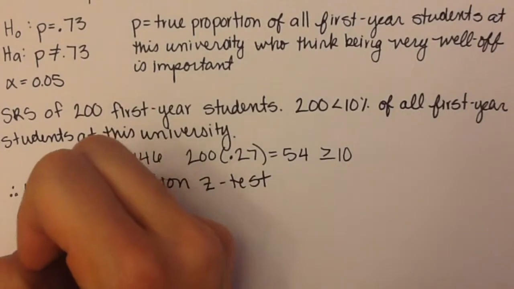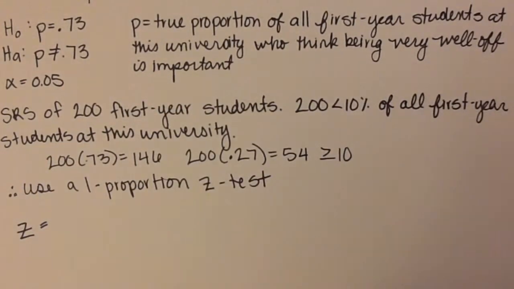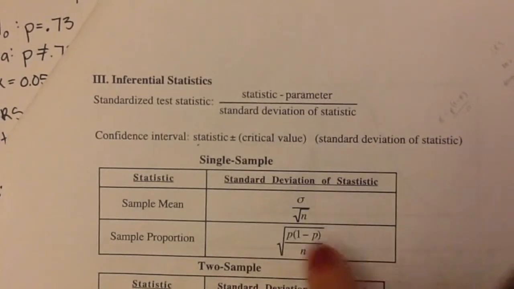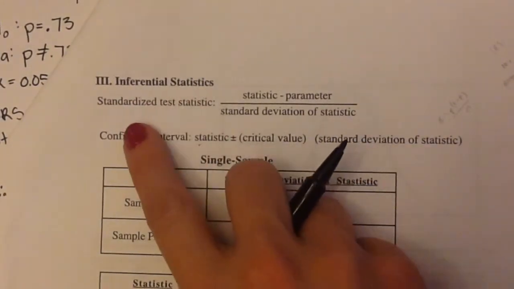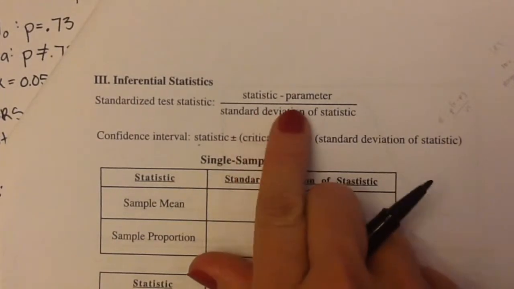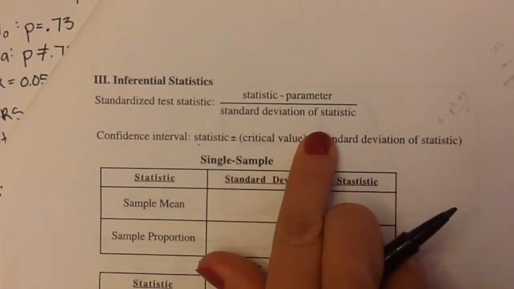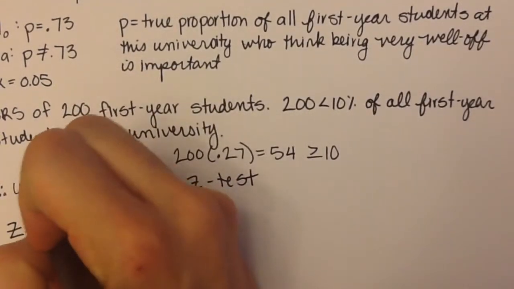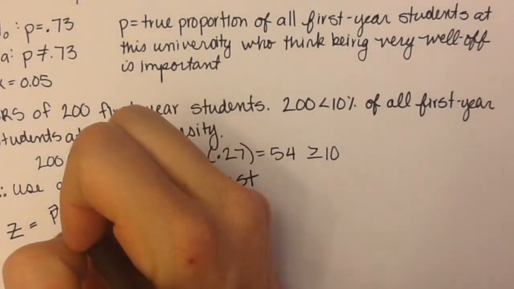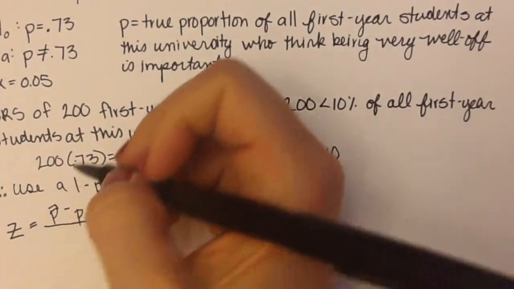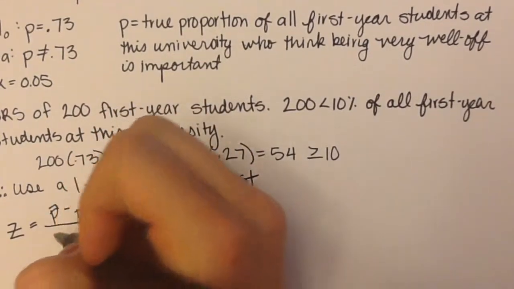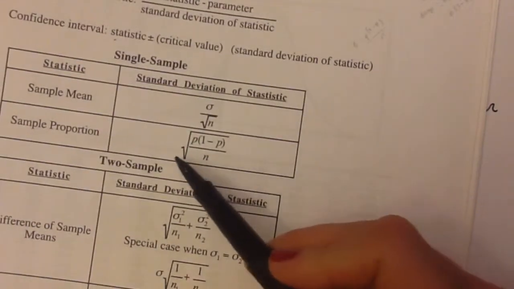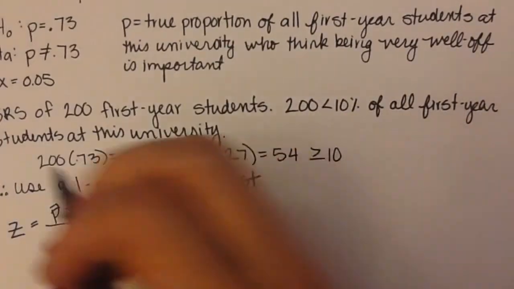I just want to remind you again that everything that you need for these is all in your resource packet. It's just a matter of you knowing how to use it. Right here in our inference, on the second page, your test statistic is always the statistic minus the parameter divided by the standard deviation of the statistic. In this case, our statistic is our p hat minus our parameter, which is p, divided by our standard deviation of the statistic, which is the square root of p times 1 minus p over n.